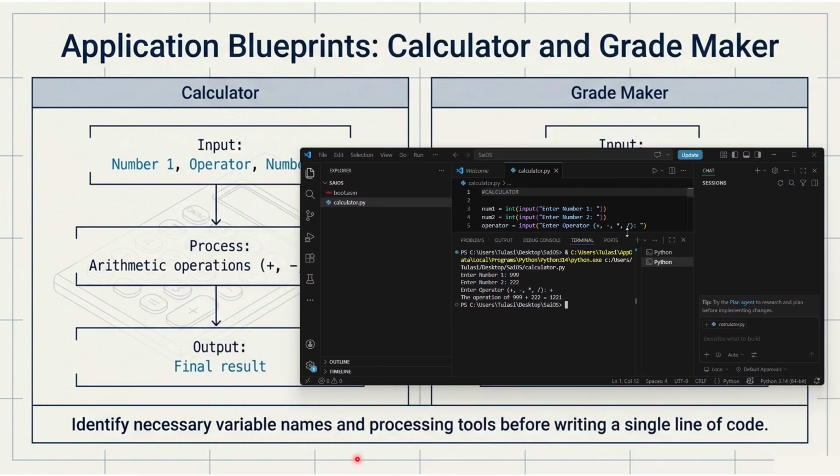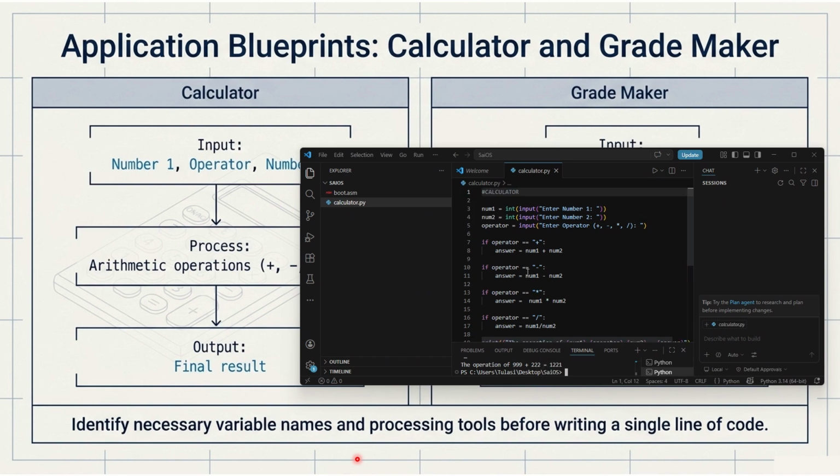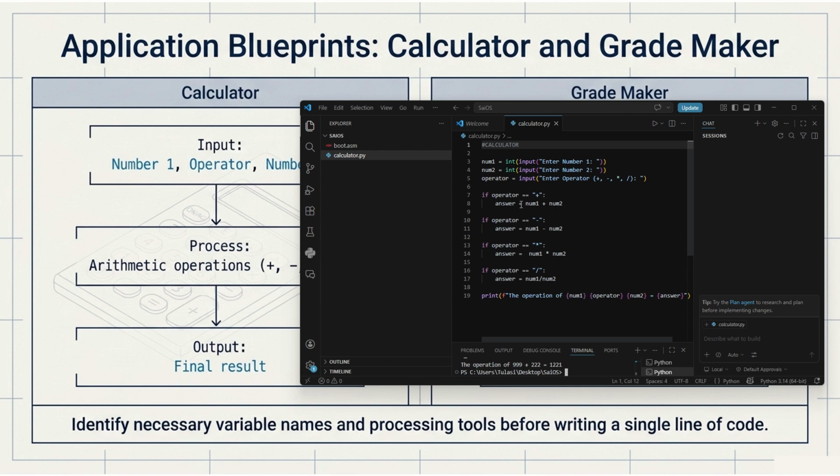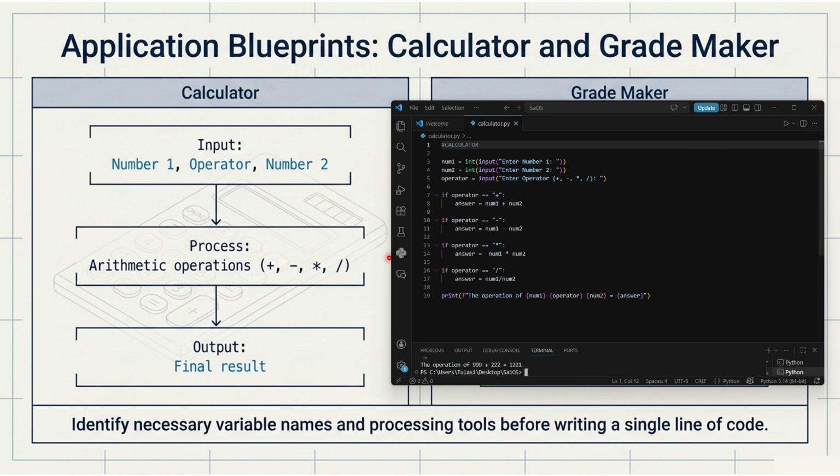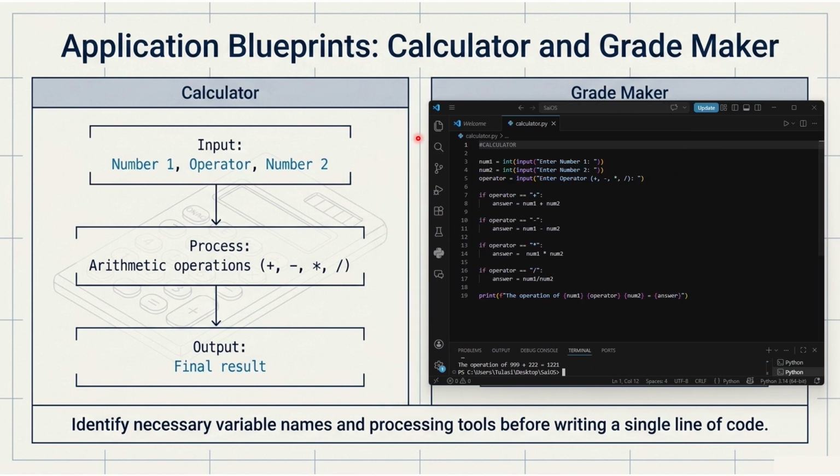As explained, here you have seen that the input should be number 1, number 2 and the operator. Then it takes the arithmetic operations as the processing, and we have done the processing here. Then we give the final result in the form of output.